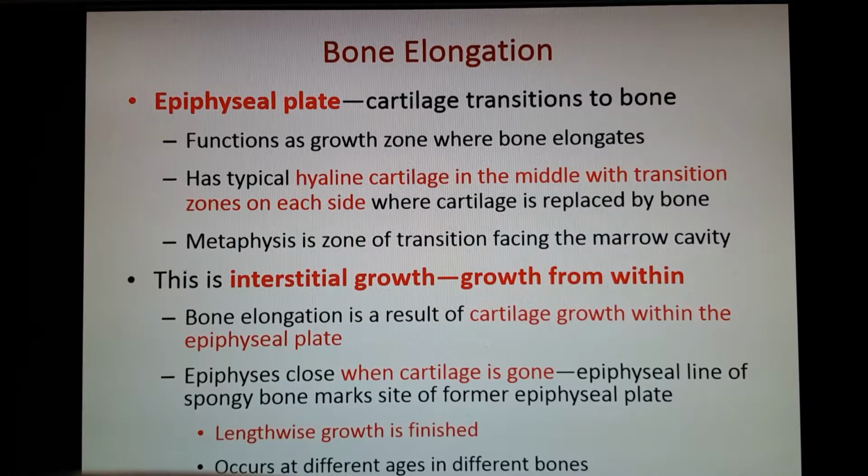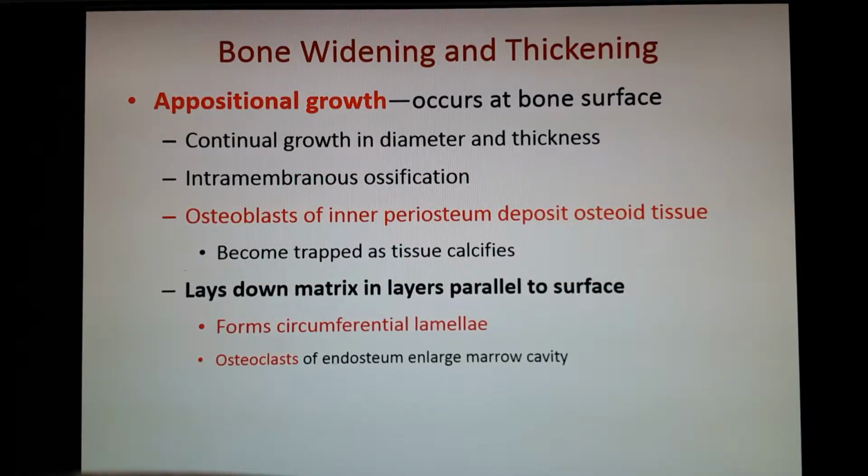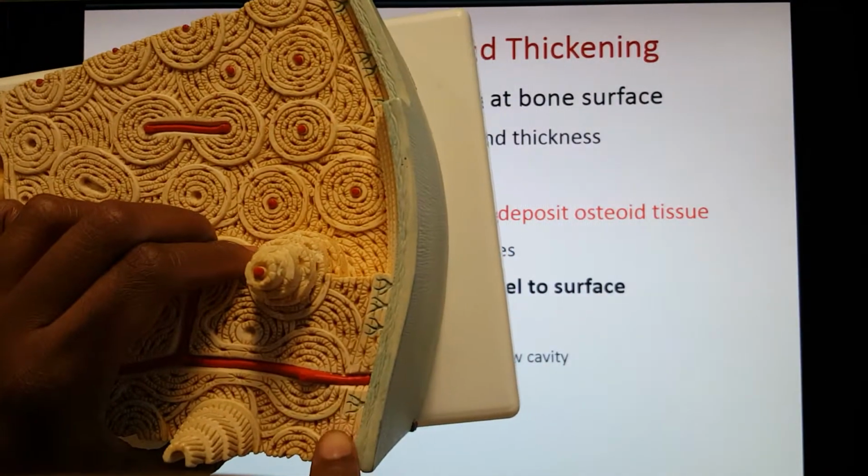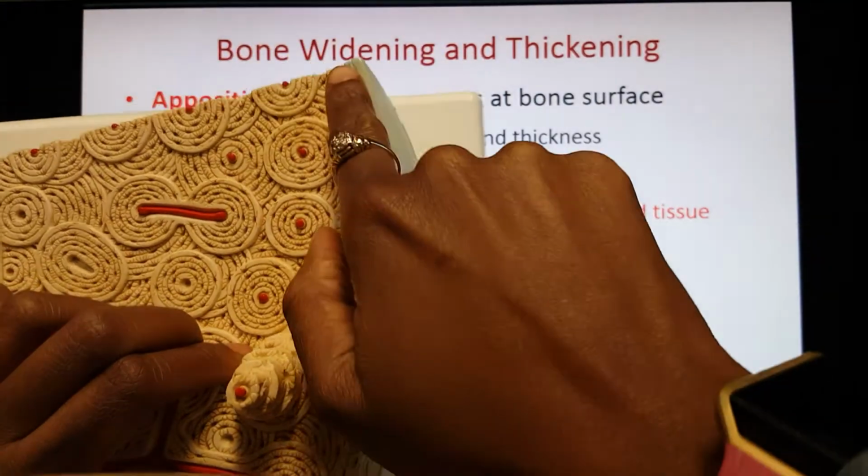So you can still grow your bones outward. You're just done growing them lengthwise. In order to grow them wider, it's called appositional growth. Inside the periosteum that covers the outside surface of your bone, you have osteoblasts on the inside lining of that.